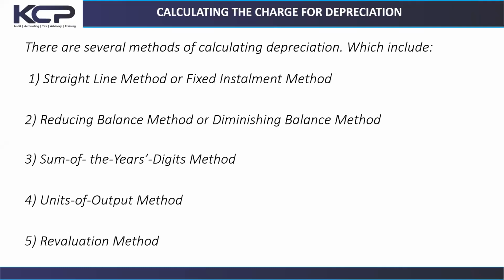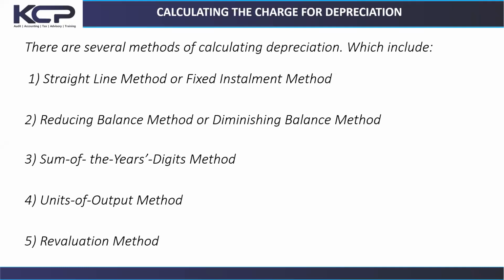Sum of the year digits is also similar to what we have explained on the reducing balance method. The only difference between them is that the parameter you use in ascertaining the usage over the years is not the same as in the reducing balance method.